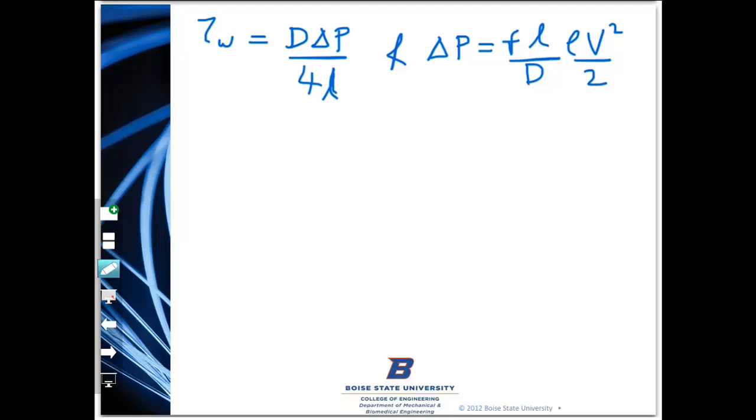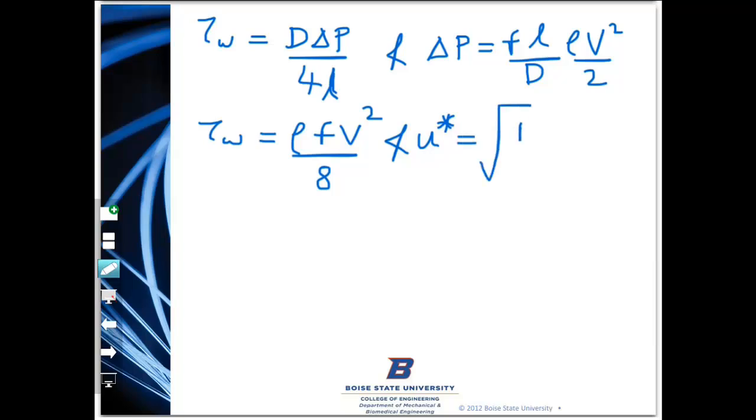From here, if you simplify it, tau wall will be rho F V square over 8, and if you substitute it in u star, it would be the square root of F over 8 times V. You can check this math, it's just a simple simplification.